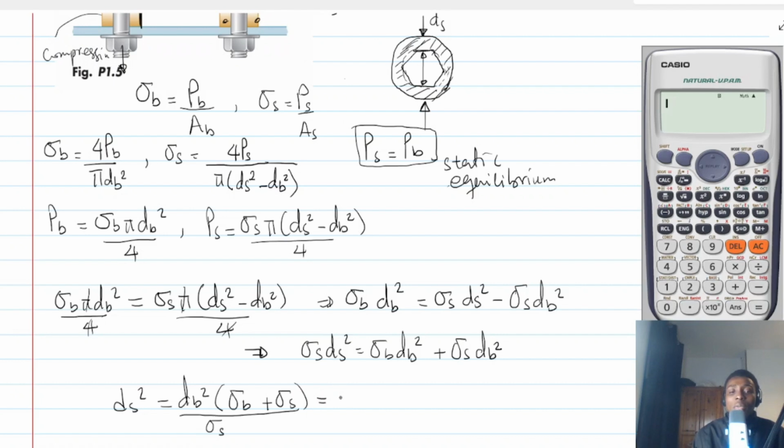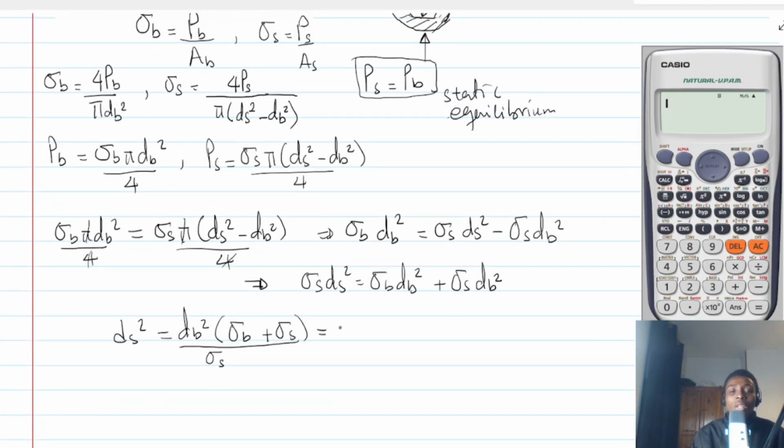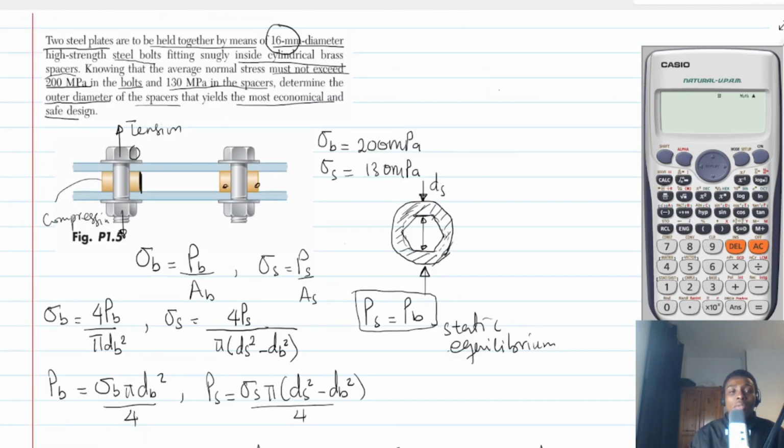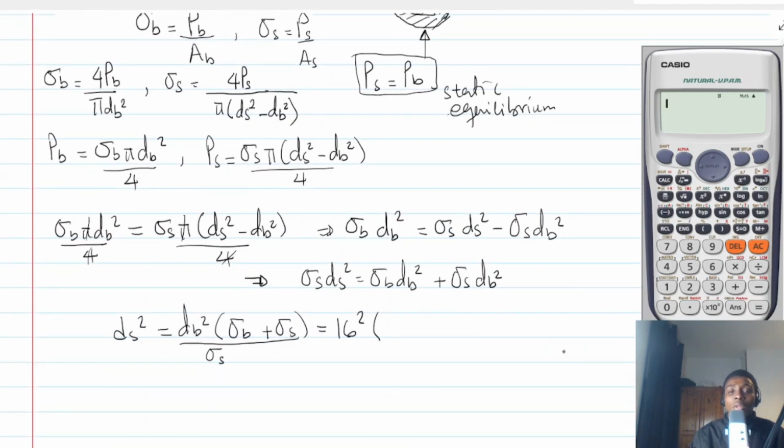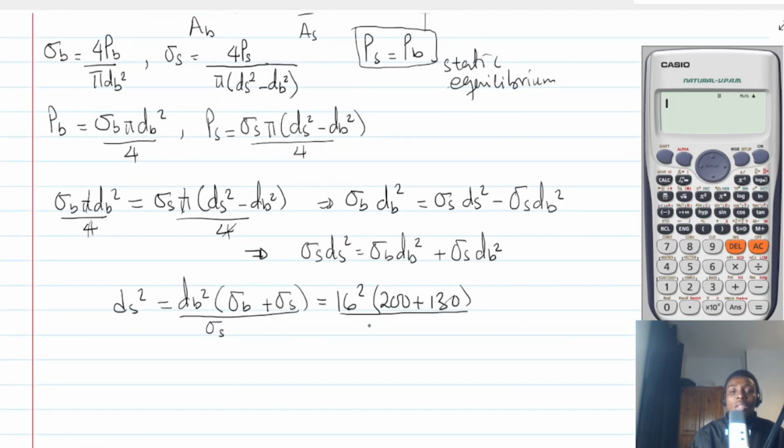Essentially, we are going to get the diameter of the bolt squared, which is 16 millimeters, and then we add the stresses, 200 plus 130, divided by sigma s, which is 130. If we do this, dS squared is going to be, let's pick our calculators, 16 squared multiplied by 200 plus 130, divided by 130.